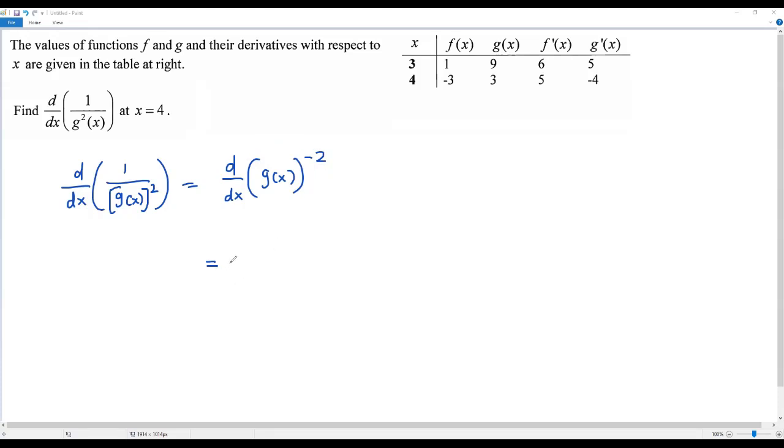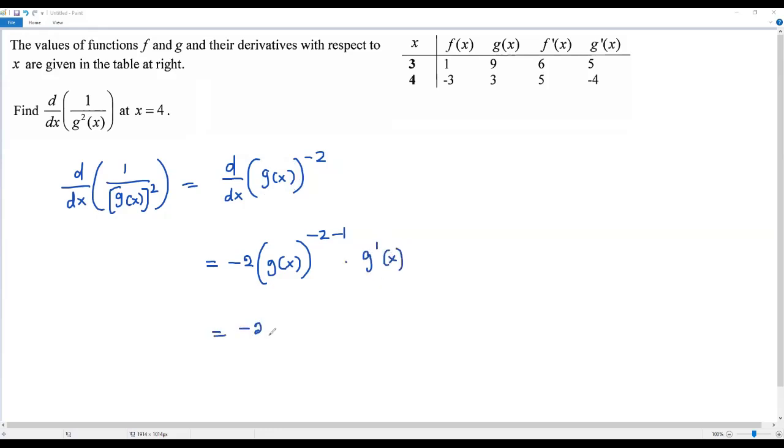So I get negative 2 times g of x whole to the power of negative 2 minus 1. So far I got the derivative only for the exponent negative 2. By the chain rule, I have to do a further derivative for the base, that is g of x. The derivative of the base g of x will become g prime of x.